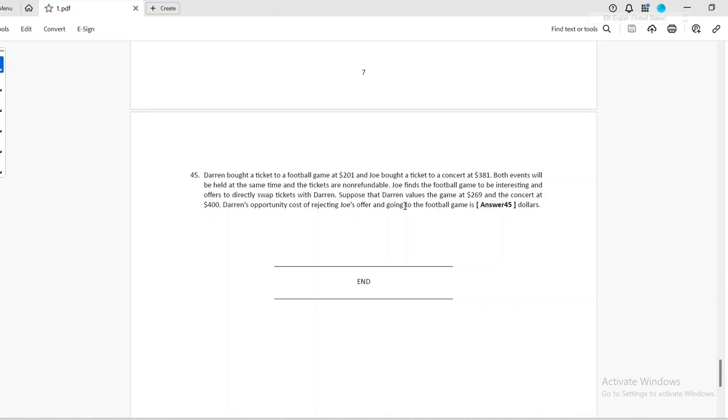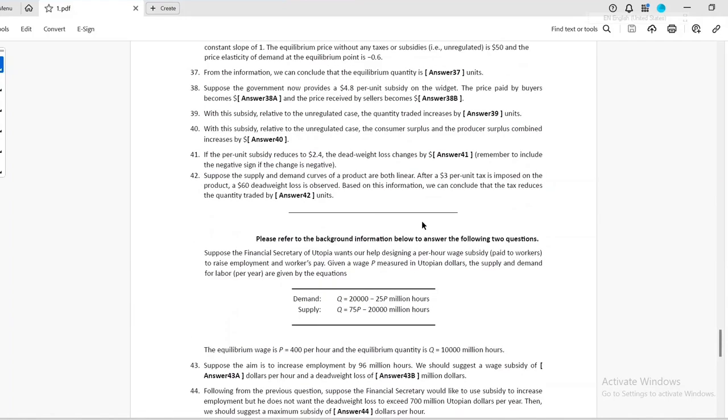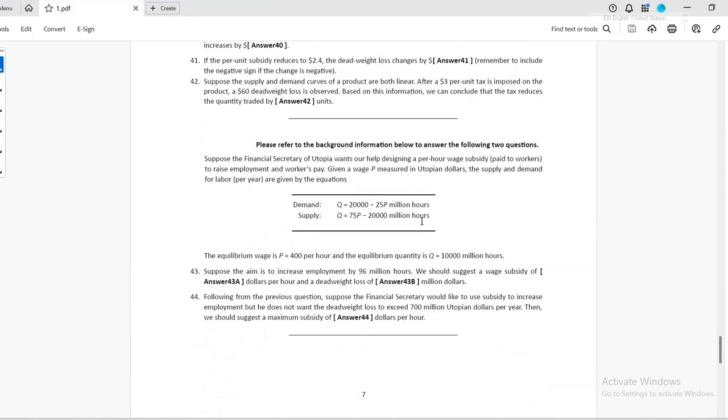Whatever is the value Darren places on the concert is the opportunity cost. So this is $400. All right, so we have finished all remaining questions in this video.